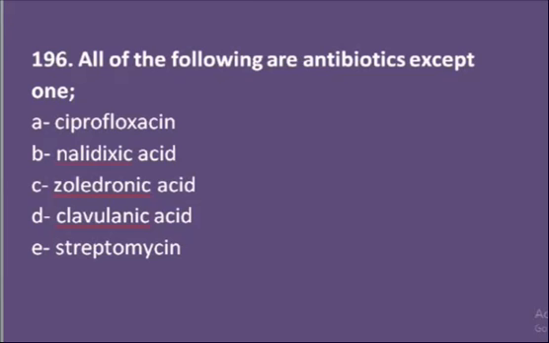So we know that ciprofloxacin, clavulanic acid, streptomycin, and nalidixic acid are all antibiotics, but option C, zoledronic acid, is actually a bisphosphonate, and it is used in the treatment of many bone diseases like osteoporosis, high blood calcium due to cancer, bone breakdown due to cancer, and Paget's disease of bone.